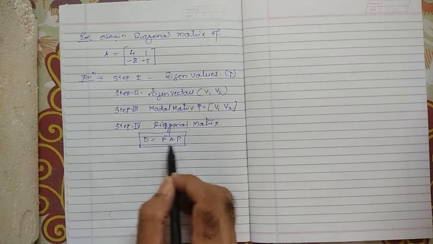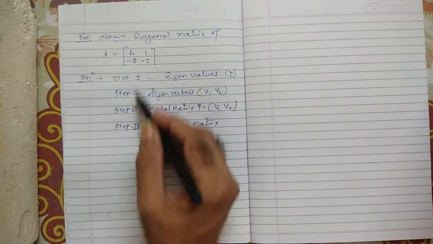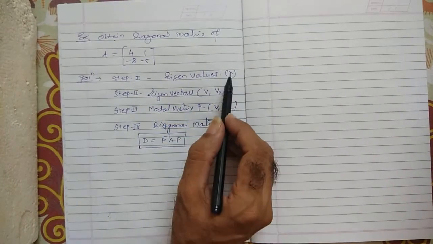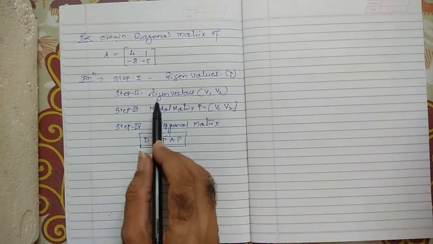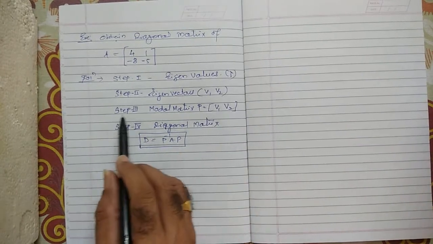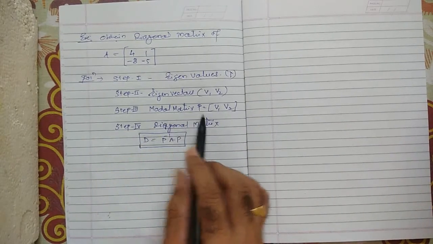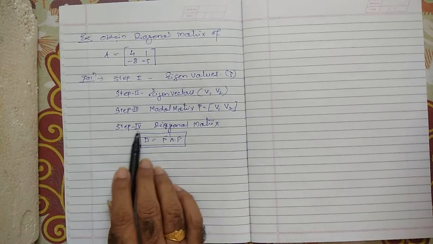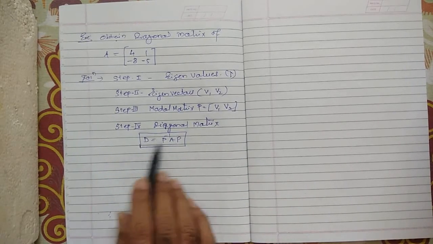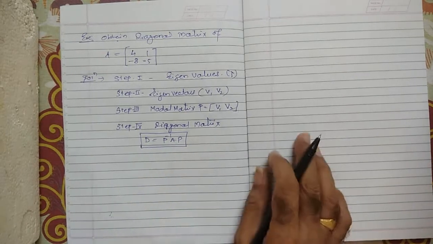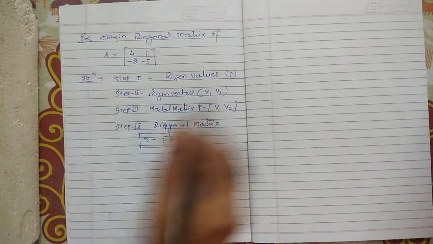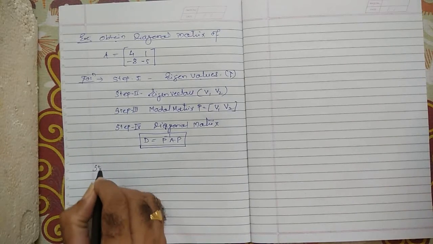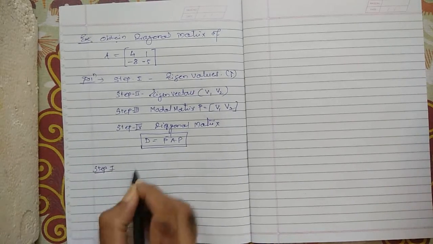So these are the 4 steps. First, find the eigenvalues, lambda. In step 2, the eigenvectors v1 and v2. In step 3, the modal matrix P, made of v1 and v2. And in step 4, the diagonal matrix D equals P inverse A P.